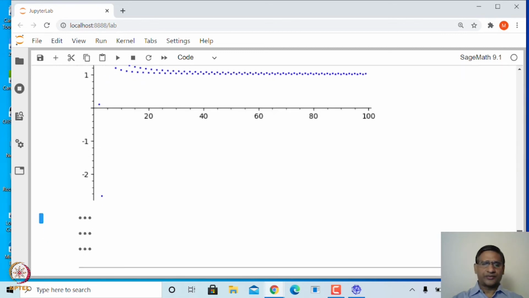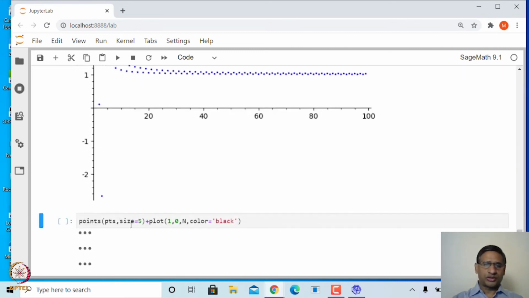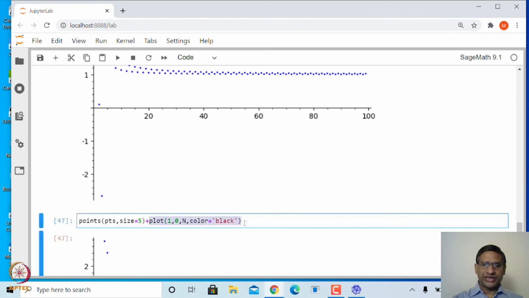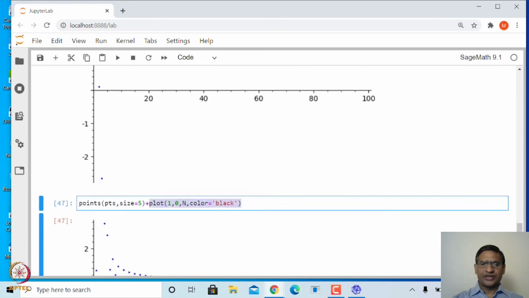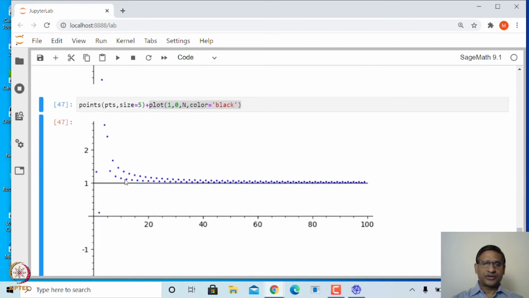So, for example, if I add a horizontal line at y equal to 1, which is added here in black color, then you will see that the terms of the sequence are becoming very close to it. How close to y equal to 1 depends on how close you want, but in this case you can make it as close as possible.